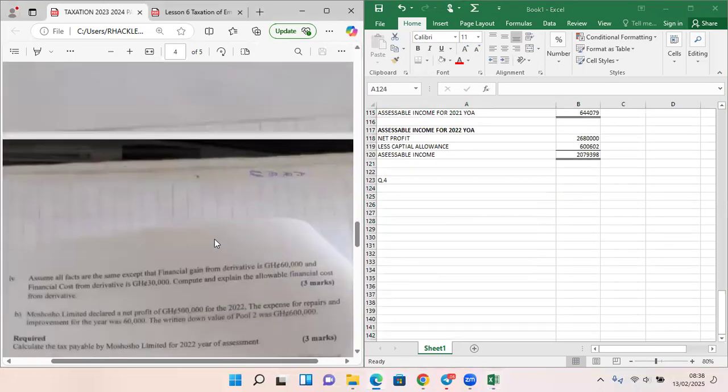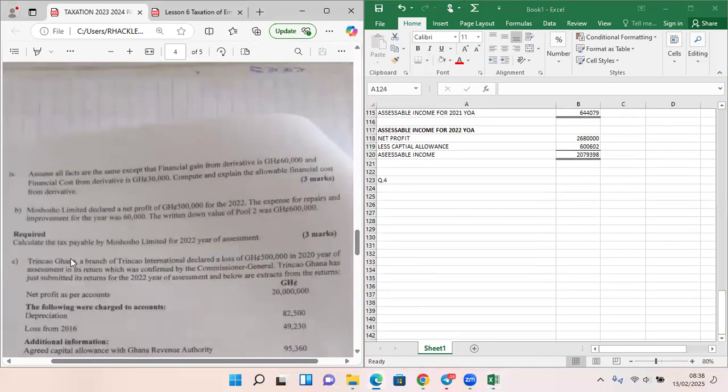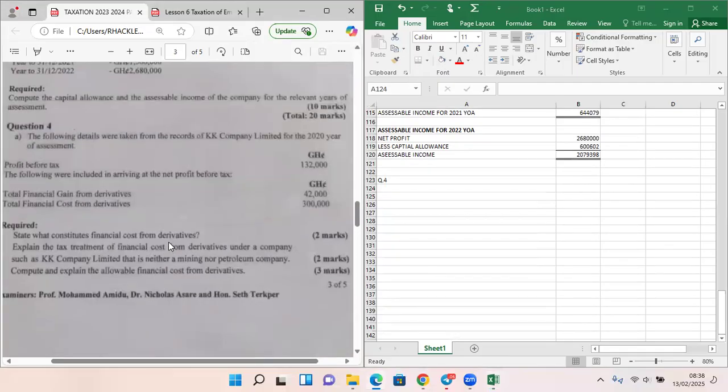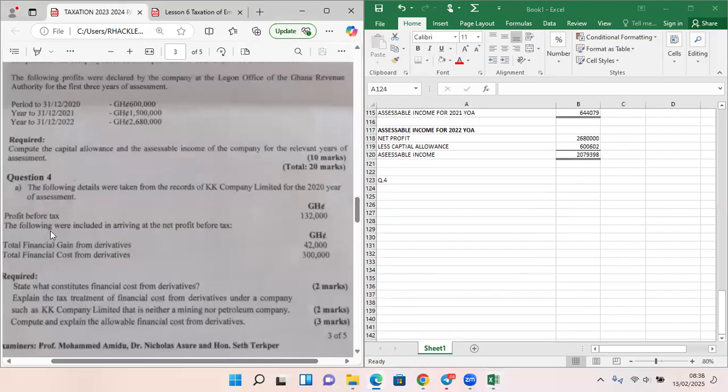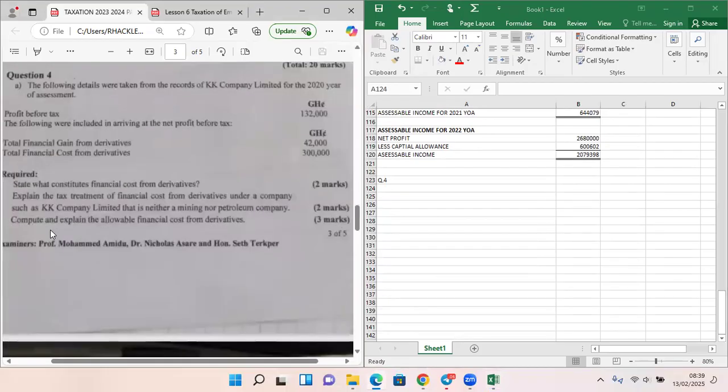A is asking that calculate the tax payable by Musosho Limited for 2022 year of assessment. Okay, now, for A is in state what constitutes finance costs from derivatives. Explain the tax treatment of finance costs from derivatives under such as KK Company Limited, that is neither a mining nor petroleum company.